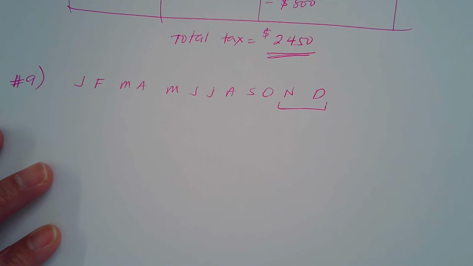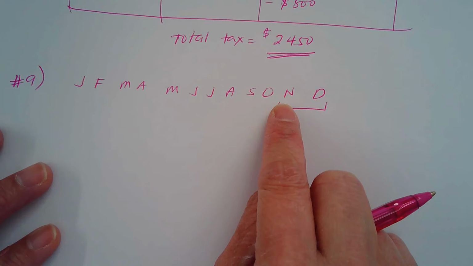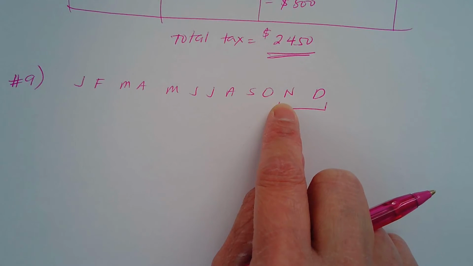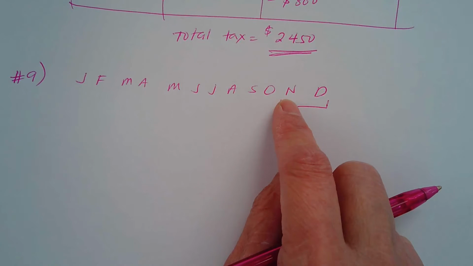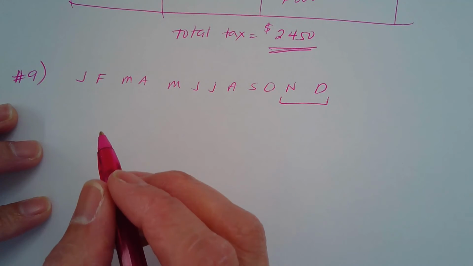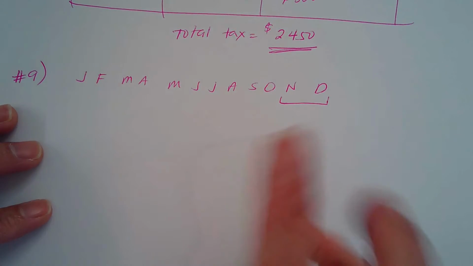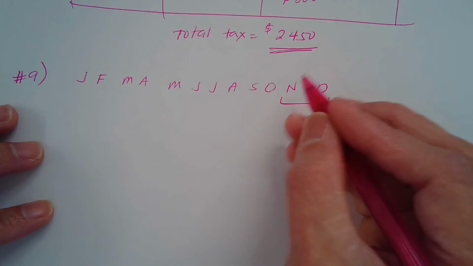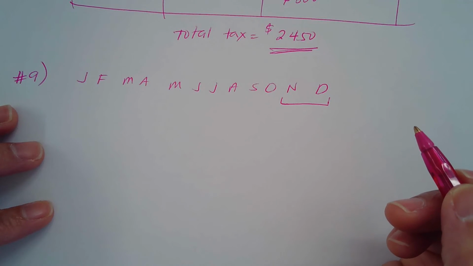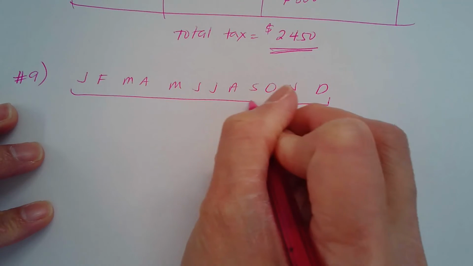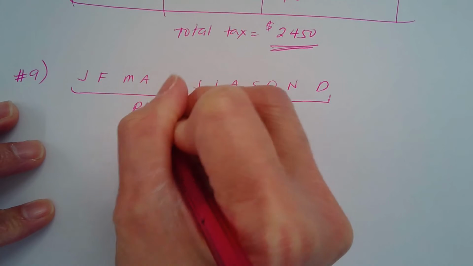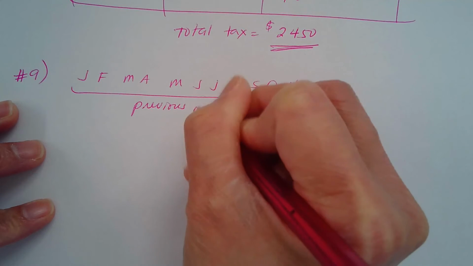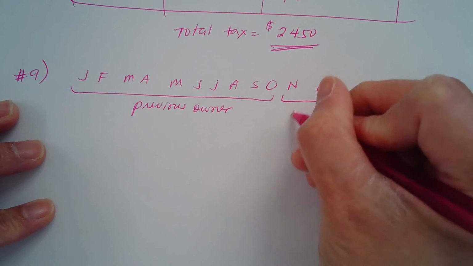The new owner is going to be moving in November 1st, so they're going to be there for the remaining 2 months of the year, 2 out of the 12. So we're gonna reimburse them for just November and December. This is where the previous owner is, and then this is the new owner.